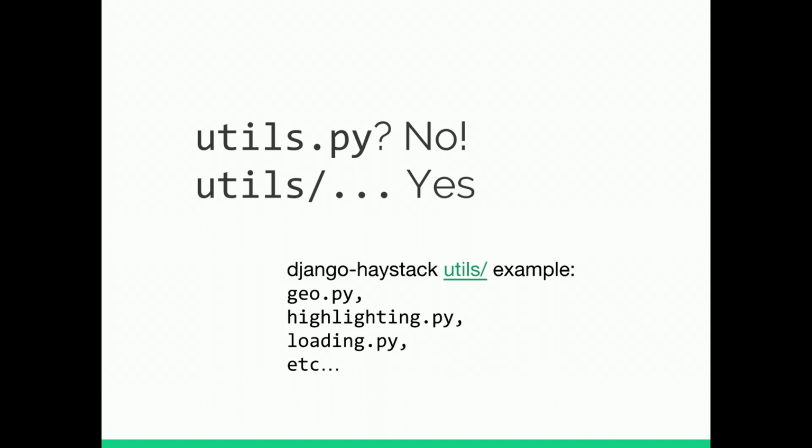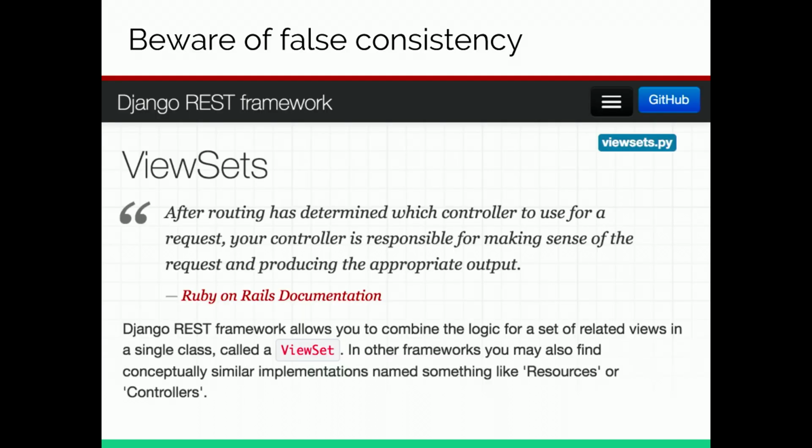Use a utils module and add stuff there, like Django Haystack does. It has utils for geo, highlighting, loading, different modules in the same namespace, instead of putting everything together into a single namespace, because they are asymmetric in behavior, so they should be asymmetric in form too.